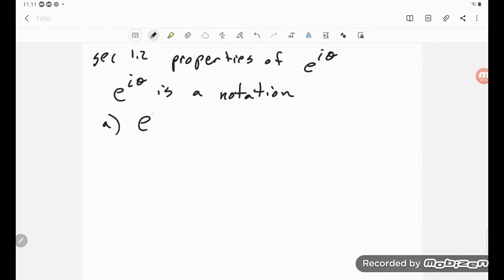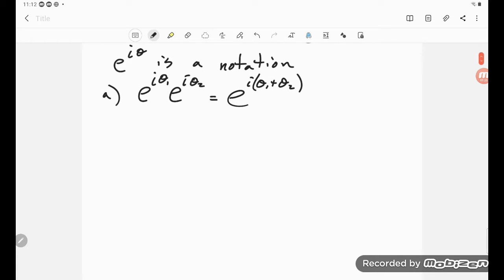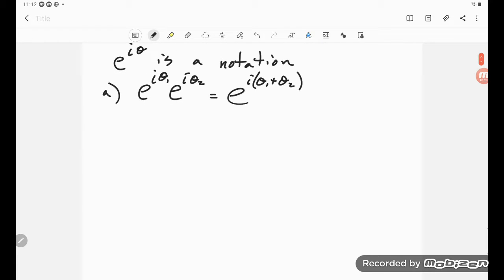So they say, well, e to the i theta 1 times e to the i theta 2 is equal to e to the i theta 1 plus theta 2. And you see, I just said, hey, that's true because that's how exponentials work. Well, actually at this point, as they point out, it's really just a notation.